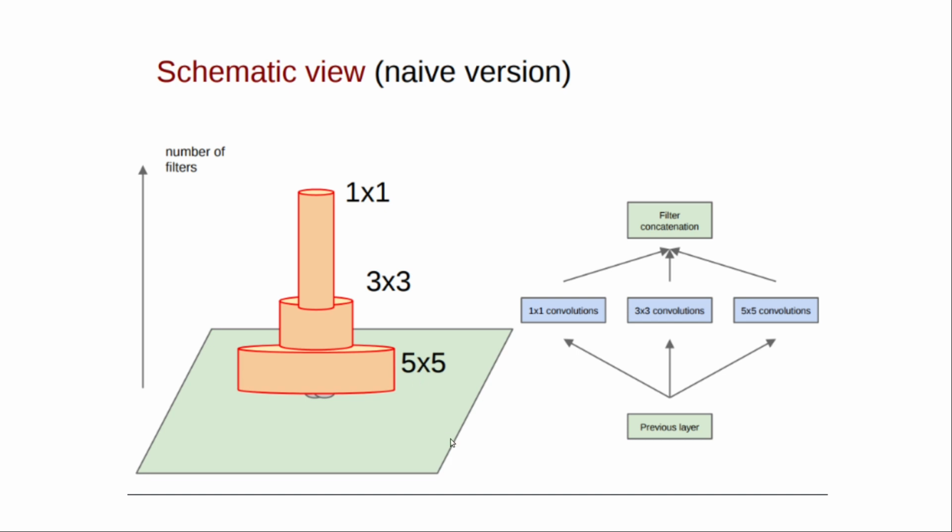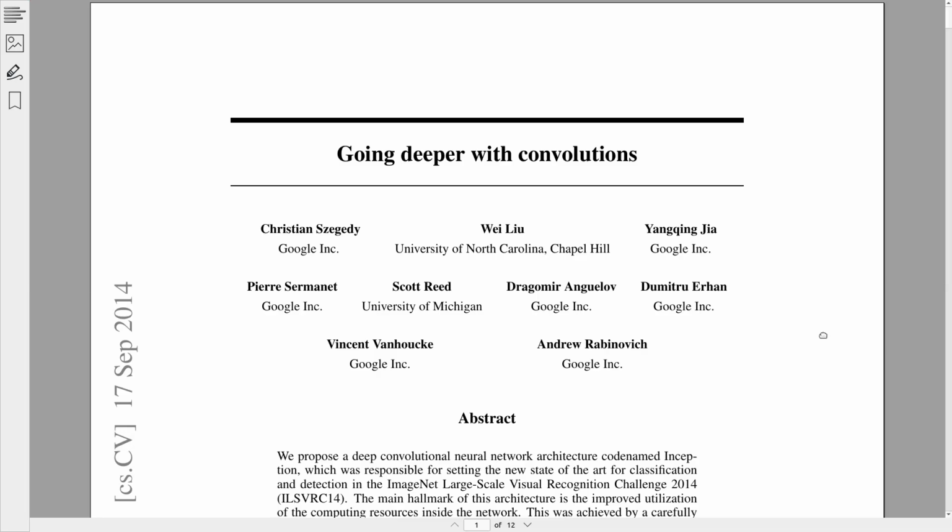That's what this image intuitively shows: I have the previous layer, then it goes through all these different kernel sizes, 1 by 1, 3 by 3, and 5 by 5, and the result of applying these filters gets concatenated, and then that result goes to the next layer. So that's the basic intuition of the Inception module.